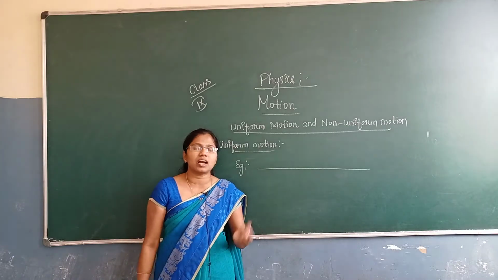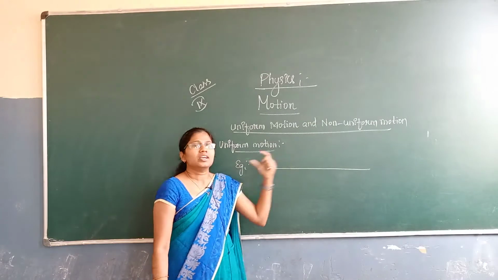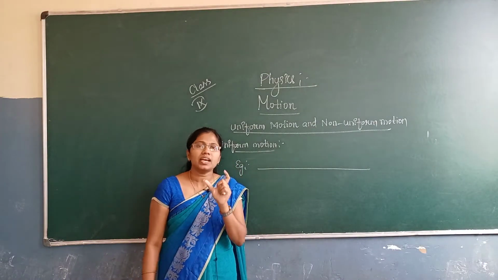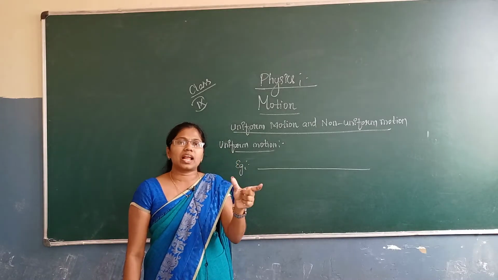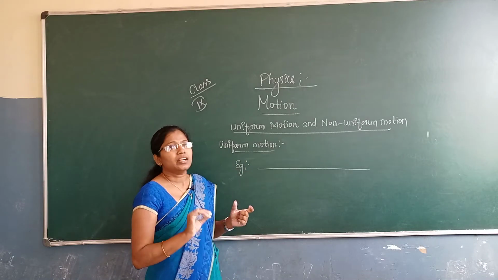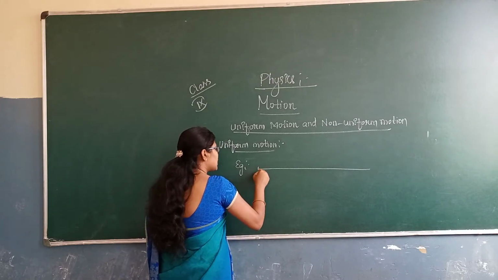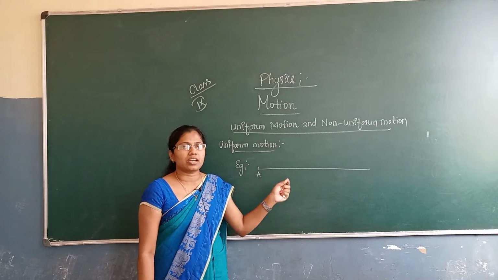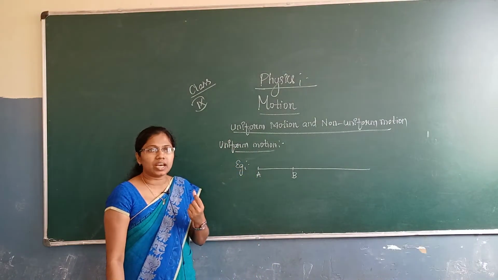So we have to assume that the object is moving in a straight line, and consider the example along a straight line. Now the object started its journey from point A up to point B.